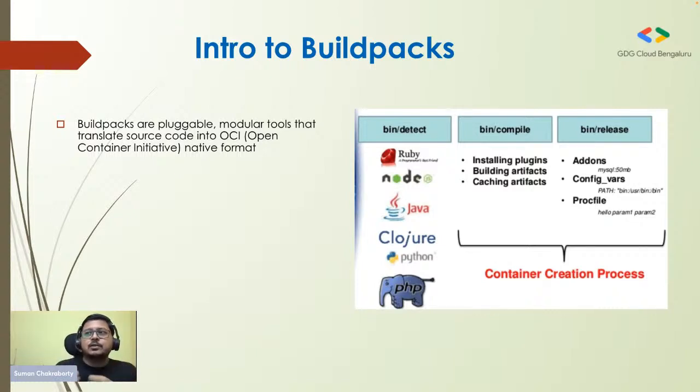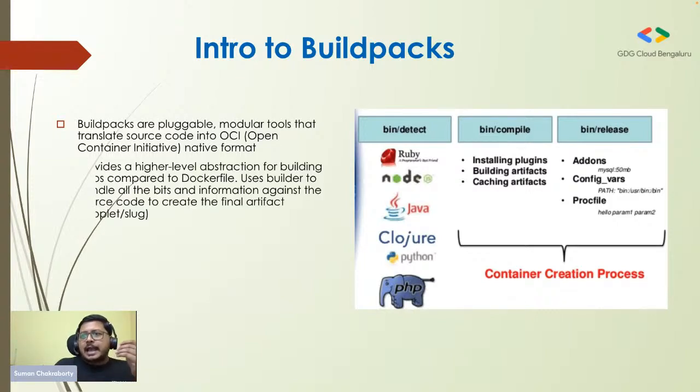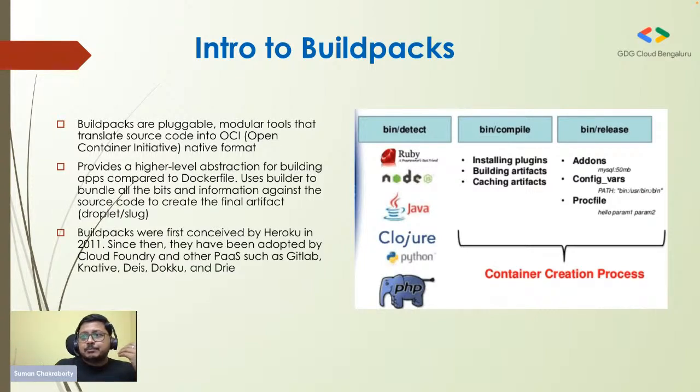It was basically created to provide pluggable modular tools that translate your app source code into a compliant image, which was more OCI native. And the important thing is that it provides high-level abstractions for building applications compared to a Dockerfile. You don't have to specify the app dependencies directly about what kind of app you are trying to bring into your platform, right?